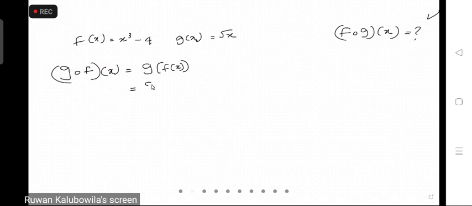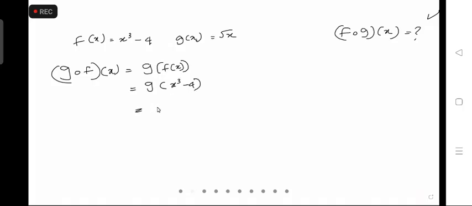G of fx means x minus 4. Then you can find here by applying this value for this function. The function is 3a. So we are able to apply x minus 4. This is the answer for this one.